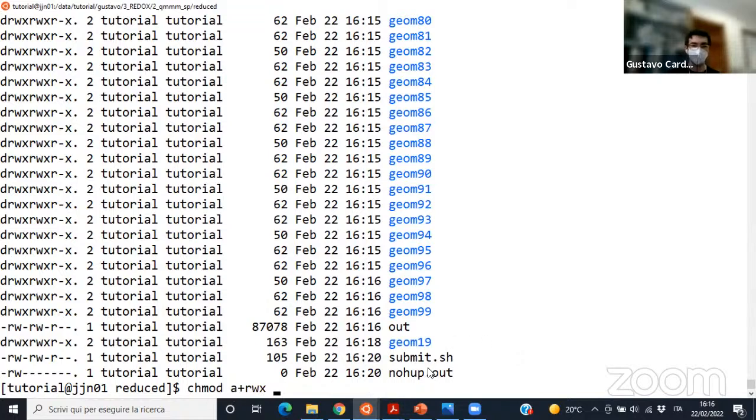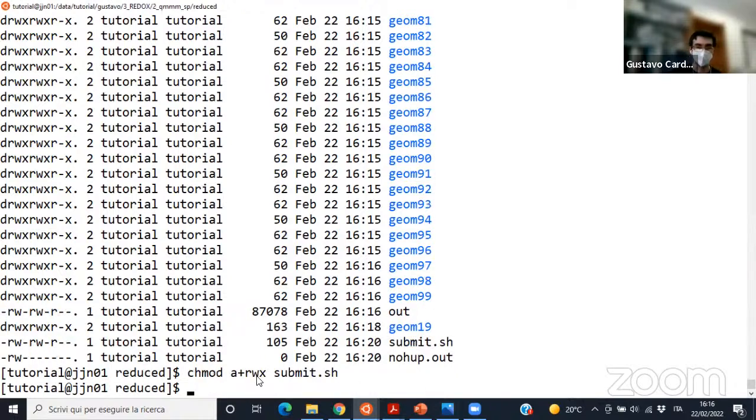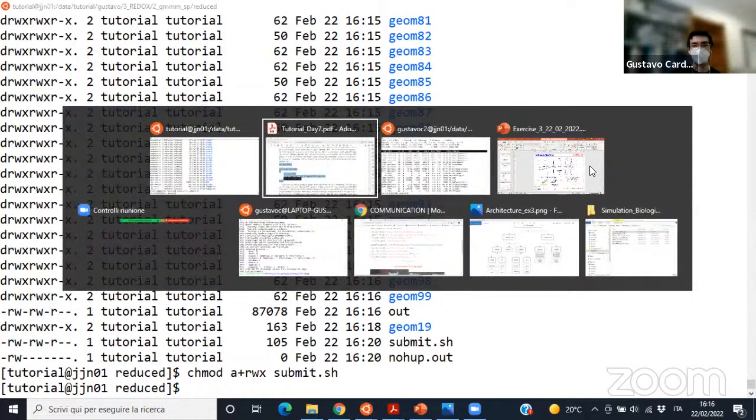This is the way of changing permissions for everybody of a specific file. A stands for all, plus stands for enable, read, write, execute. So just the X is sufficient, but let's do it that way. So this is the command in case you copy pasted it.